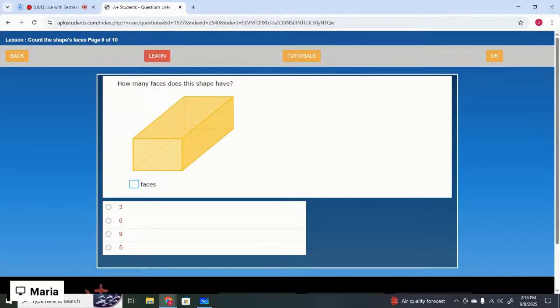How many faces does this shape have? Yes, six faces the shape has. Six faces. Option number two is the correct option.